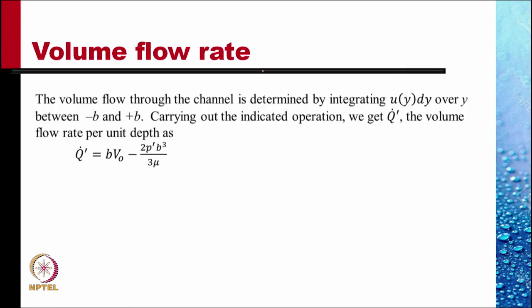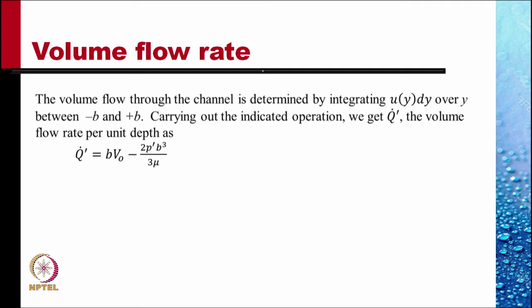The volume flow rate through this channel is determined by integrating u dy over y between minus b and plus b. Carrying out the integration, we get q dot prime, that is the volume flow rate per unit depth, as b v naught minus twice P prime b cube by 3 mu.